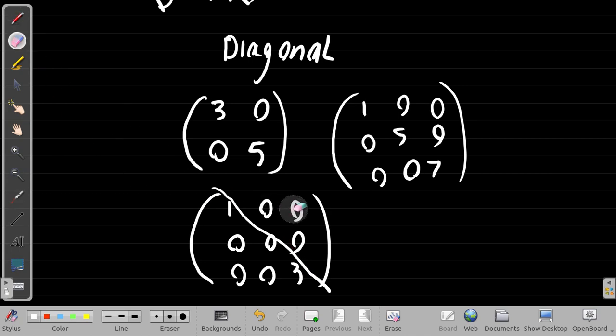If you ever have a case where a 0 turns into something else, like 2, it is no longer a diagonal matrix. To be a diagonal matrix, every other element except those on the diagonal must be 0. Of course, if everything is 0, that will be a null matrix, right?